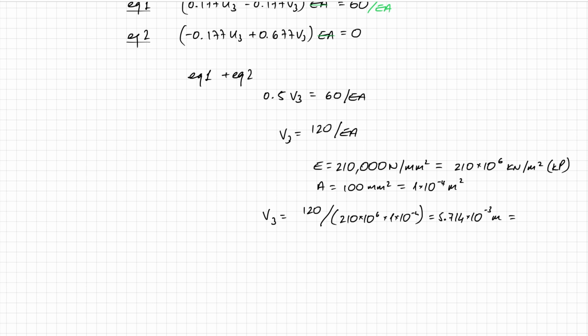Or if I want to write it back in millimeters, just multiply by 1,000, so 5.714 millimeters. Substituting back into equation 2 gives me that U3 equals 0.677 V3 divided by 0.177, and that works out as 21.86 millimeters. And that's it. We have now found the displacements as well.